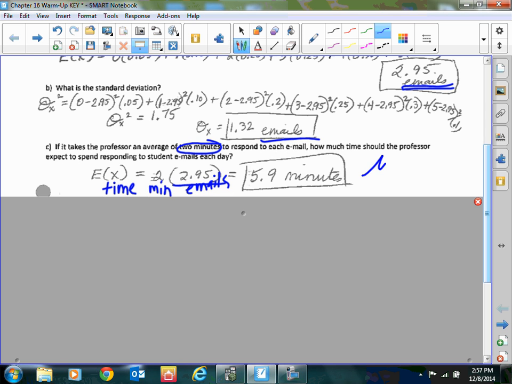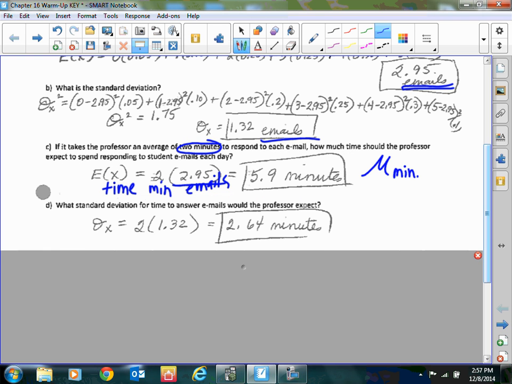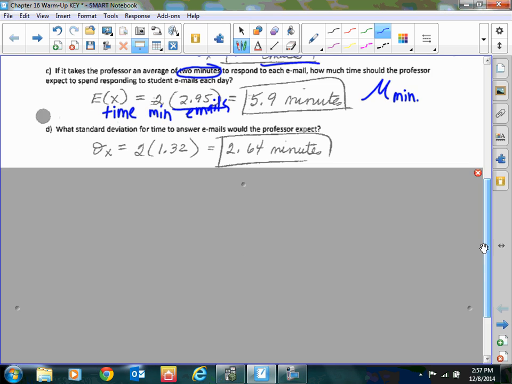The average number of minutes is 5.9 minutes, and since standard deviation is affected by multiplication, you multiply 2 times the standard deviation of emails. So the standard deviation for minutes is 2.64 minutes.